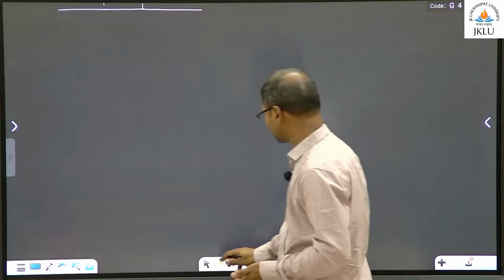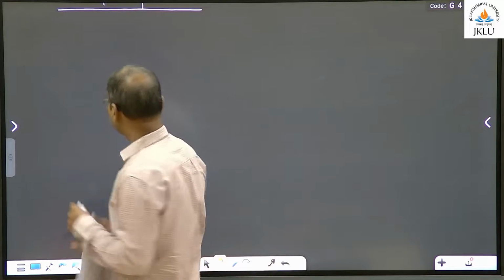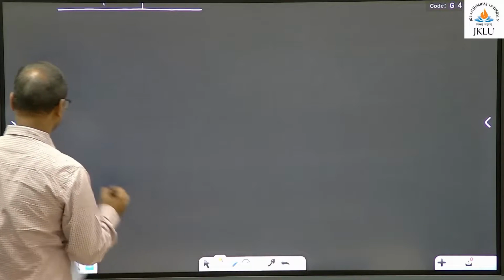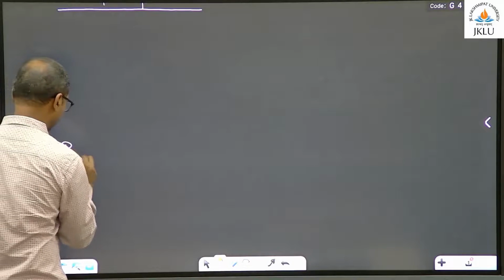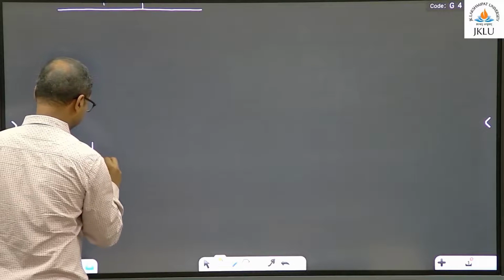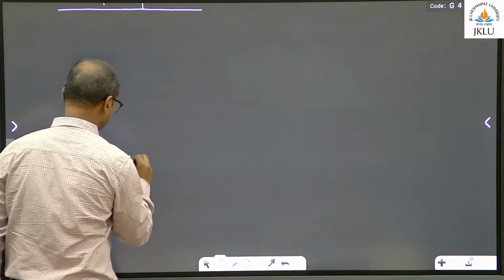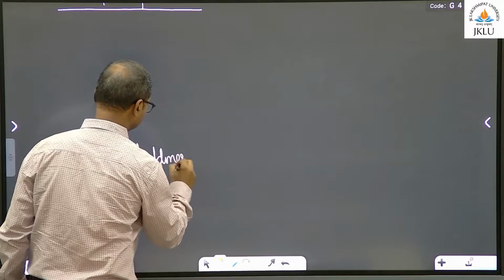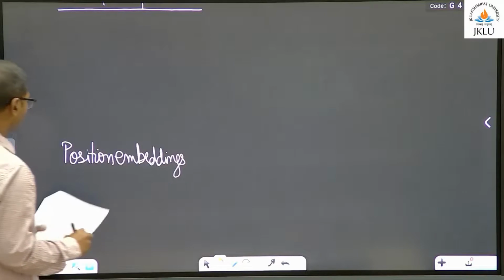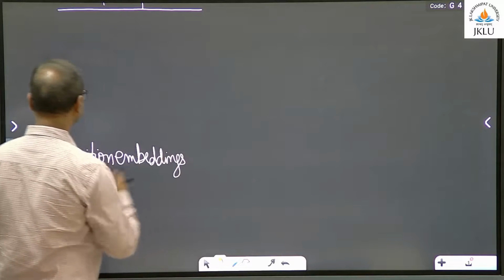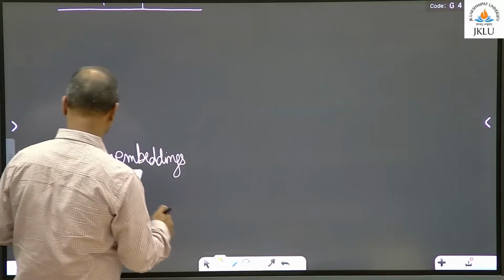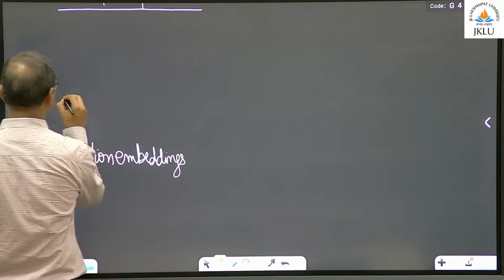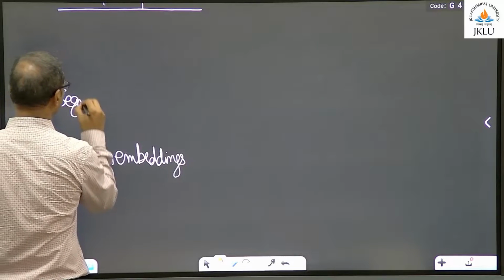So, what happens here is you have position embeddings. What else will you have here? So, BERT has something called segment embeddings too.